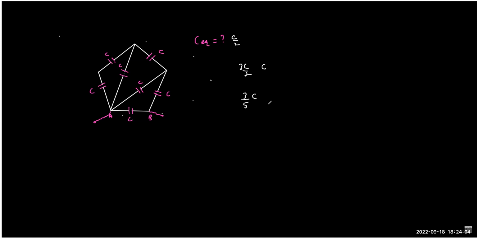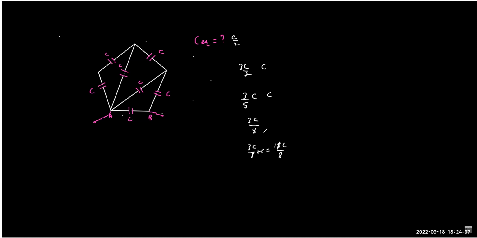And 3 by 5 C and C is again a series combination. 3C by 8. 3C by 8 plus C, which is 21C by 13. It's a calculation error, sorry.